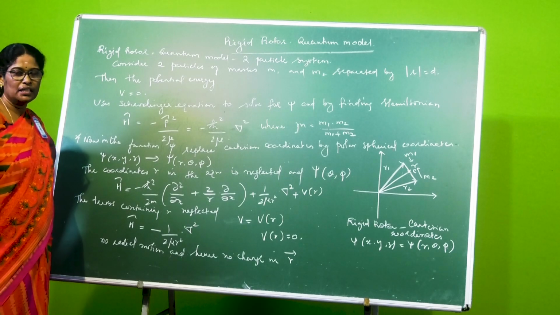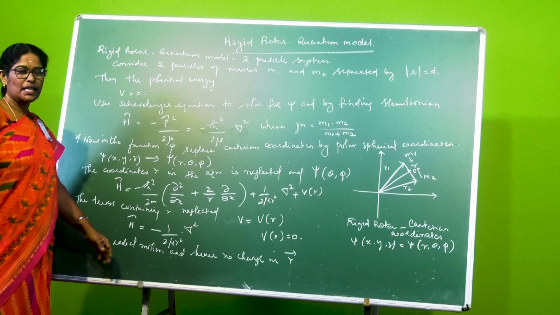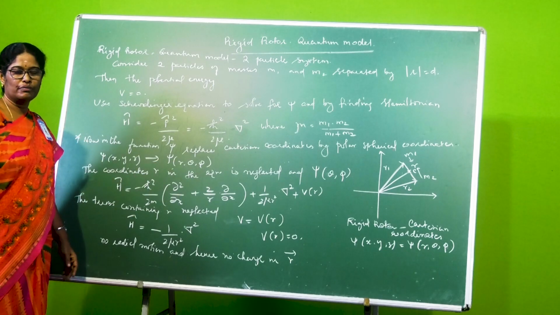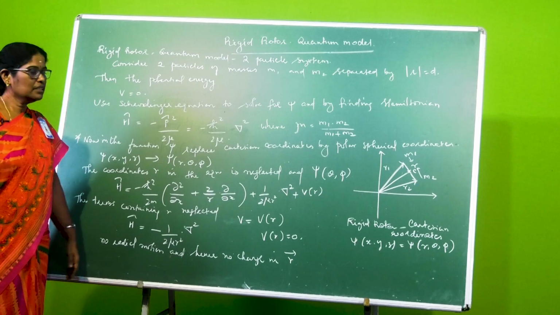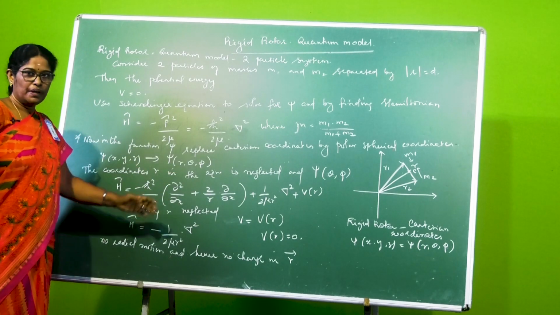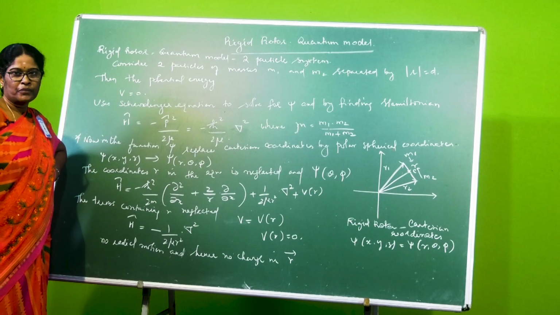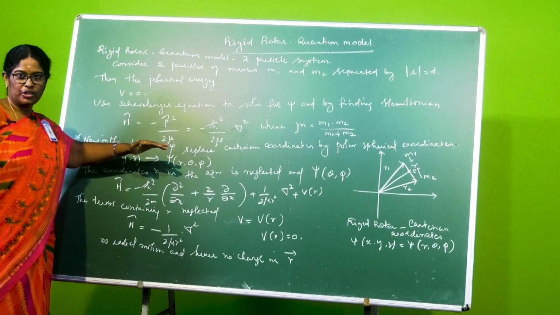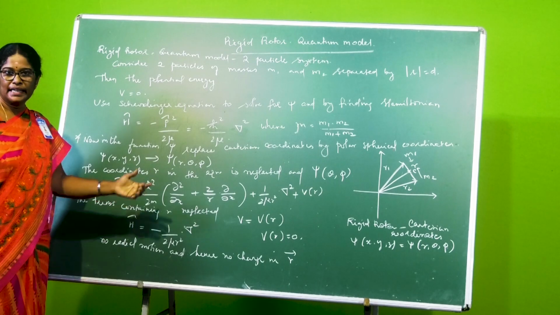The Hamiltonian contains a second order differential function of the x coordinate and a first order differential function of the coordinates, along with the Laplacian operator, summed with the potential energy operator V of r.